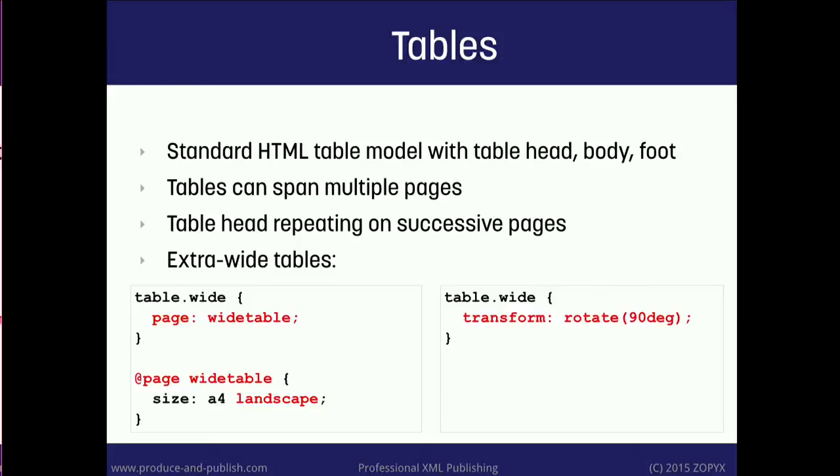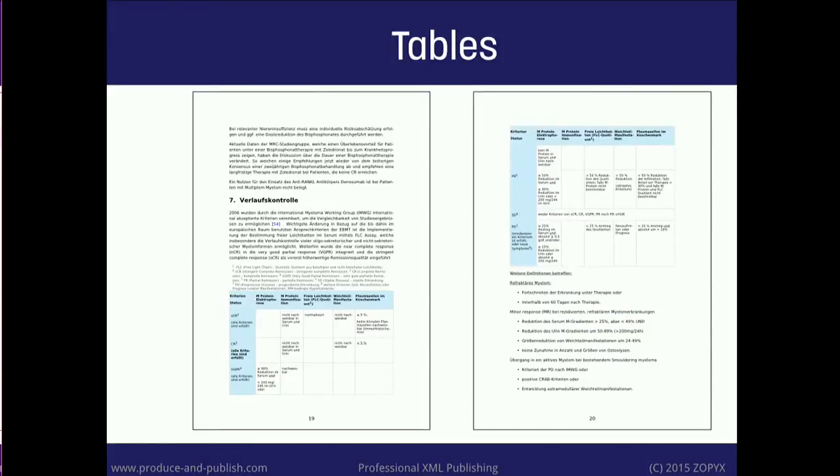Then you can adjust that this particular page containing the table should be rendered in landscape mode. So you could basically rotate the table through CSS. Or in some cases, you could also apply a CSS3 transformation and just say, okay, render this table rotated by 90 degrees. So these tools give you these options.